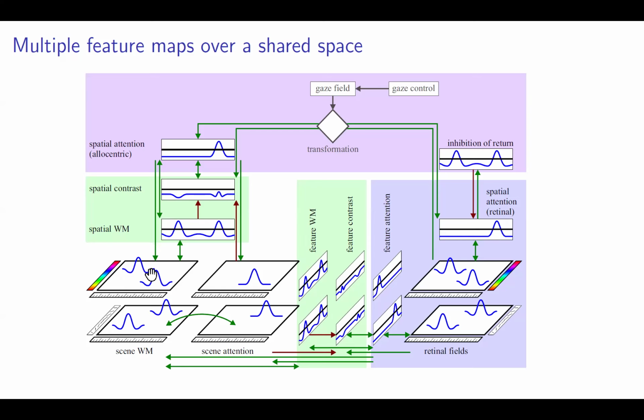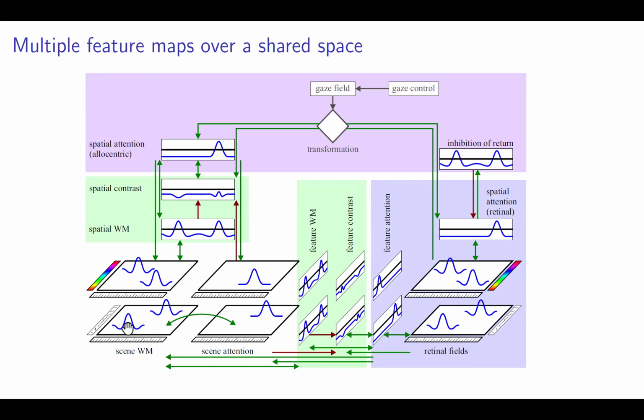And so the proposal with these feature maps over space is that not all features are bound to each other directly, like color and orientation are not bound in a conjunctive population code, but only indirectly via space.